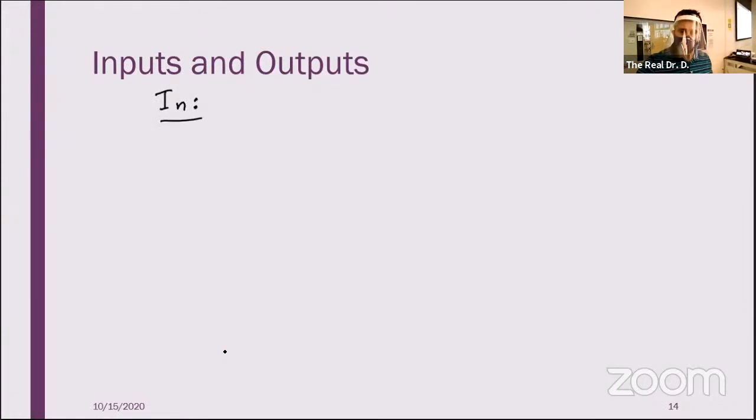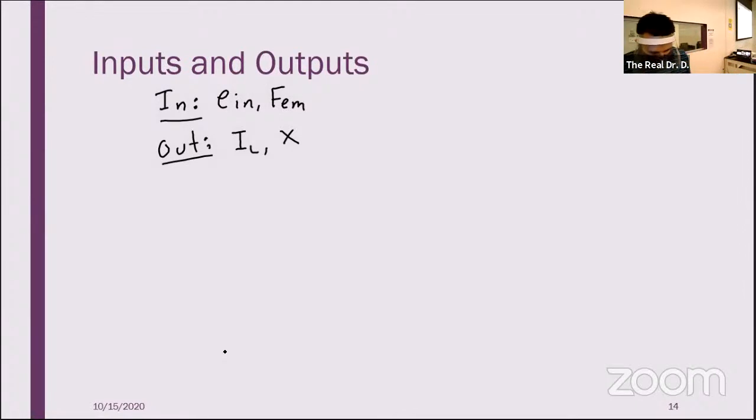My input is going to be E in for my circuit, and that's going to kick out I sub L, which is going to generate some FEM, which is going to provide my distance X. So FEM is just a function of I sub L. Remember, it's just B times L times I sub L.